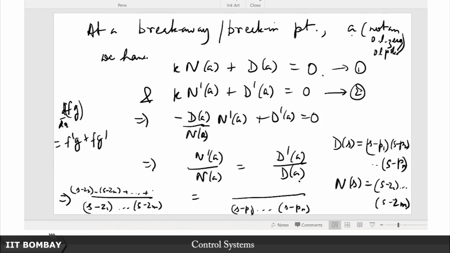Likewise in the last term you drop s minus zm, so s minus z1 dot dot dot till s minus z(m minus 1). Similar thing here as well, in the first term you drop s minus p1, so it is s minus p2 onwards till s minus pn, and likewise in the last term you drop s minus pn, so you have s minus p1 dot dot dot till s minus p(n minus 1).